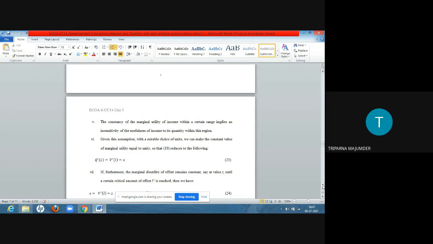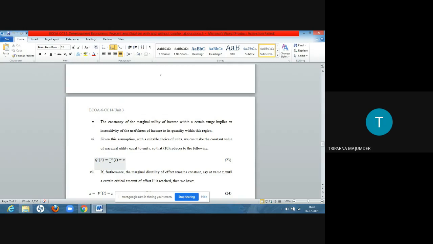Given this assumption, with suitable choice of units, we can make the constant value of marginal utility equal to unity, so that condition 10 reduces to the following. That is, marginal product V'(L) is equal to X, the real cost of labor.